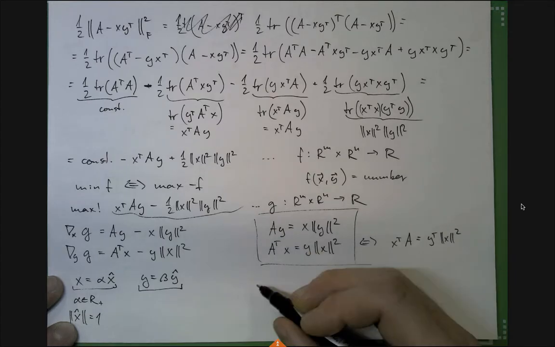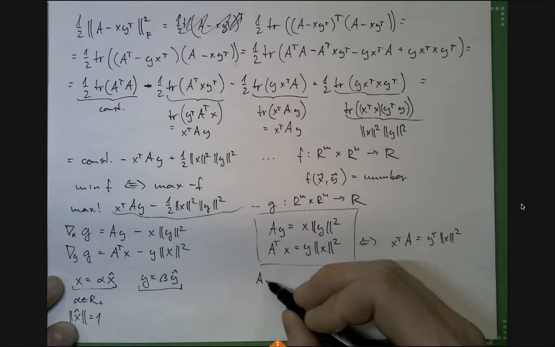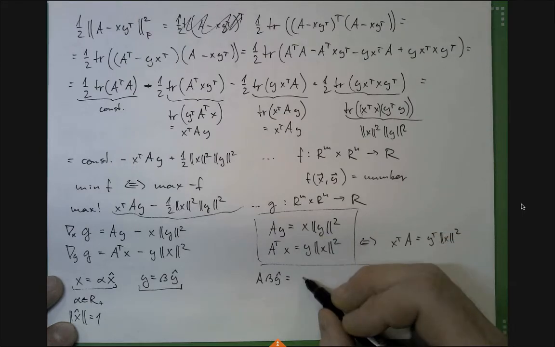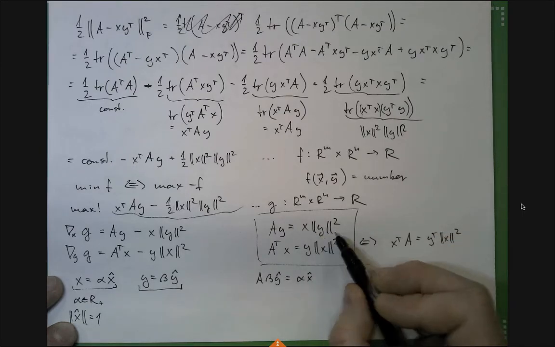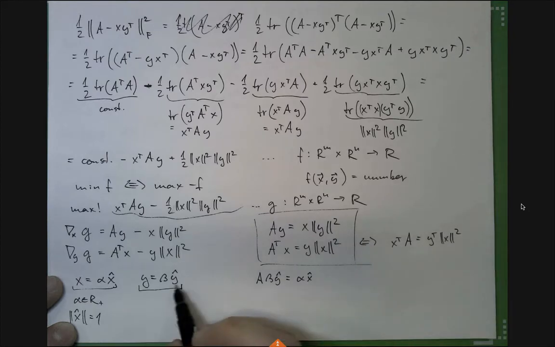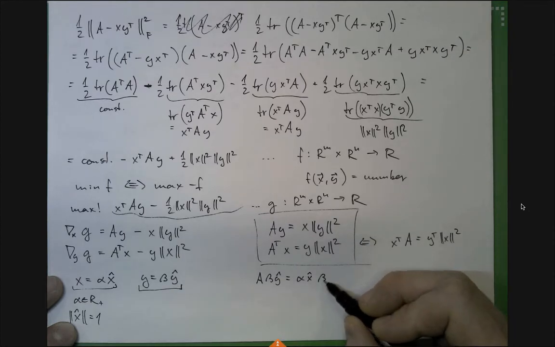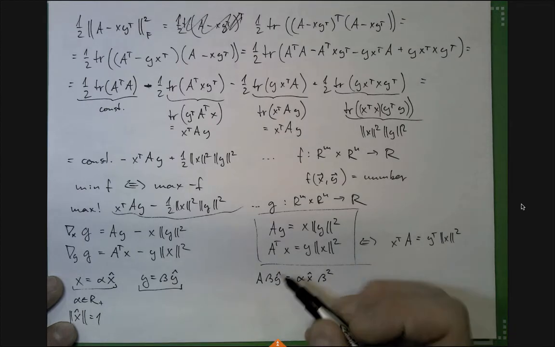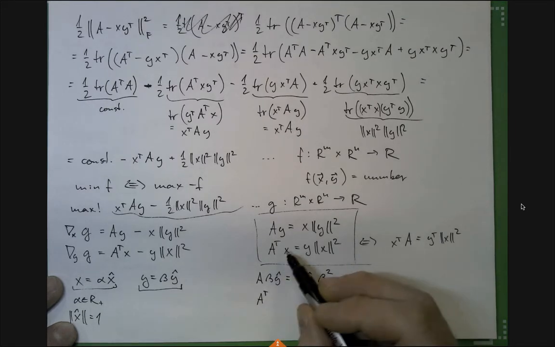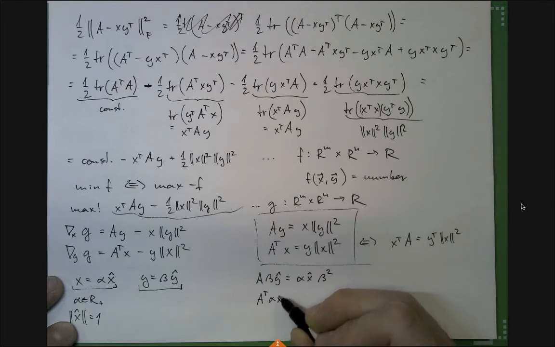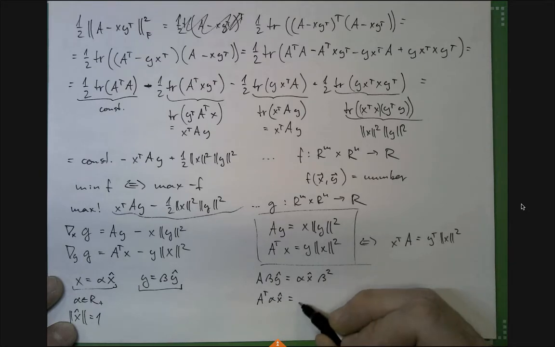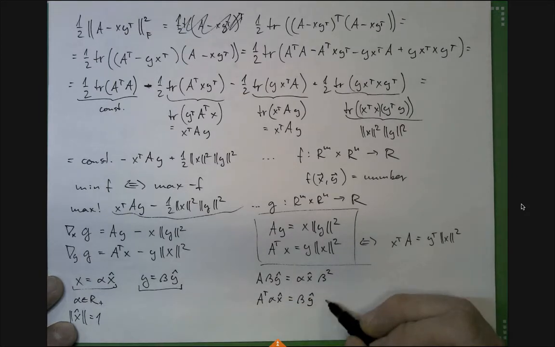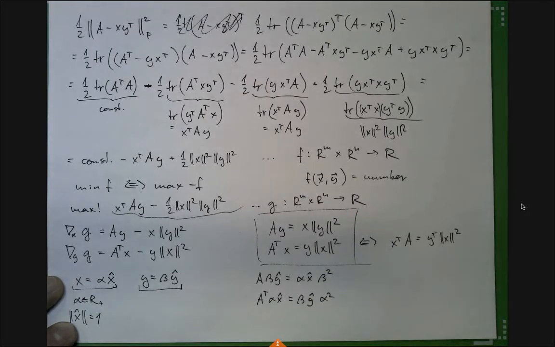What I will get is A beta y hat equals, so x is alpha x hat, and the square norm of y is beta squared. Let me substitute it here too. This will be A transpose alpha x hat equals beta y hat, and the square norm of x is alpha squared.